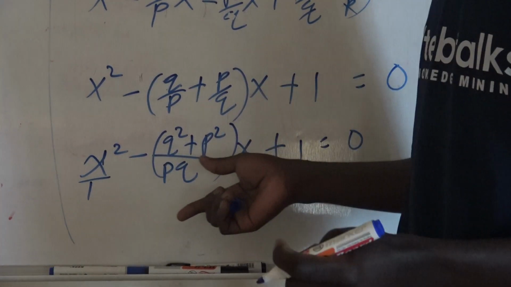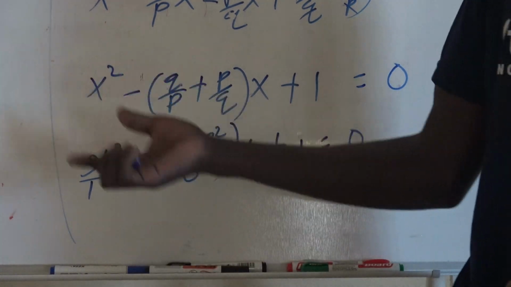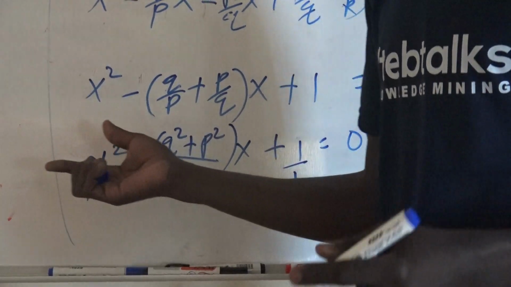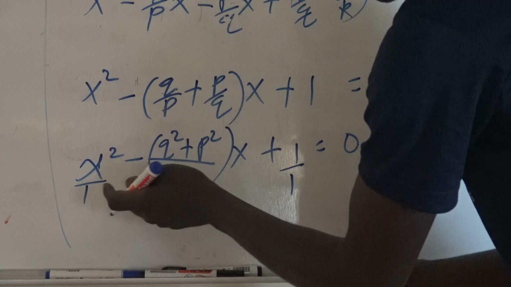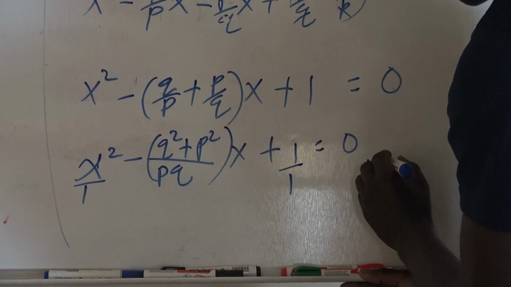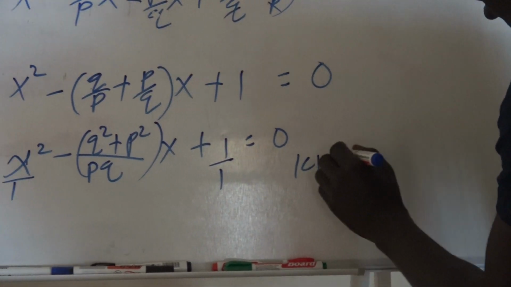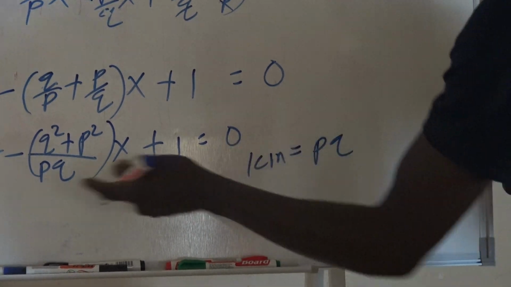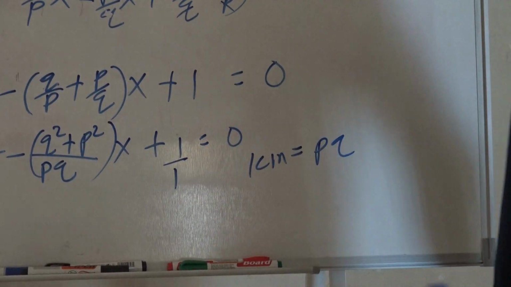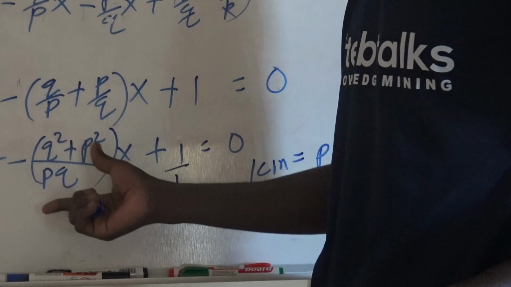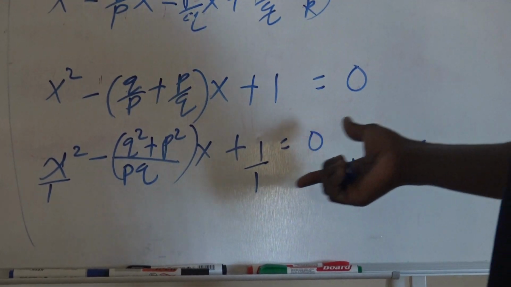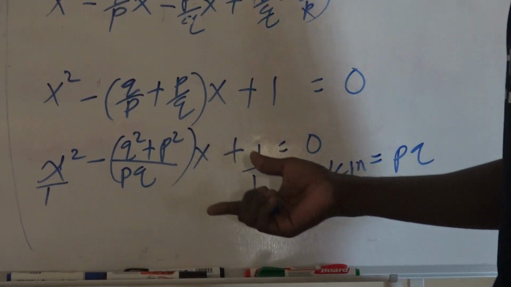Then what we do, after getting the LCM, we multiply all through by the LCM. If the LCM is PQ, because from here, here, and here it is PQ, multiply by PQ on all the values of the equation.